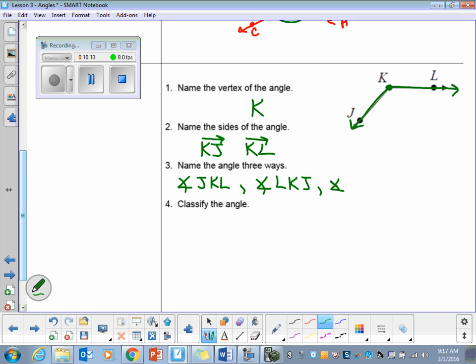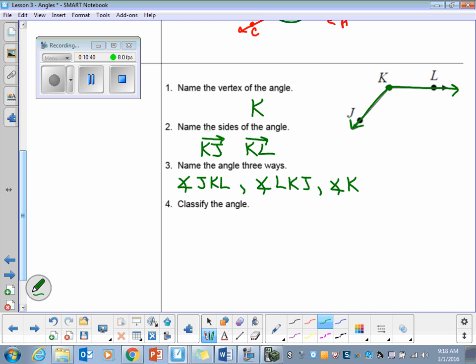And the least best way would just be to say angle K. All right, in this particular picture, we have to be talking about angle JKL. But if I added another ray in there somewhere, then it's not clear what angle K means. If you always get in the habit of using 3 letters, then you don't have to worry about losing points for not being clear.